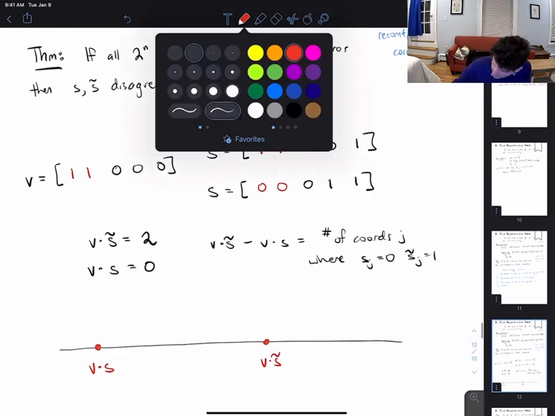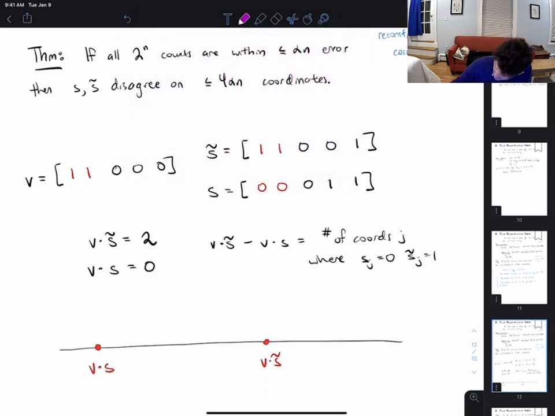And we were given some answer A sub v that was fairly close to v dot S. And by fairly close, what I mean is that v dot S lives in an interval of length 2 alpha n around A sub v. Okay, so we were told some number that's close to v dot S.